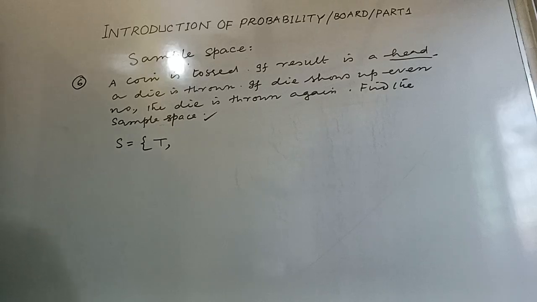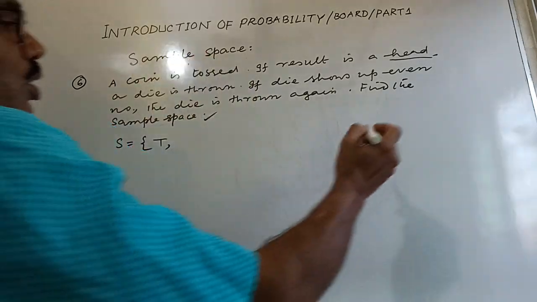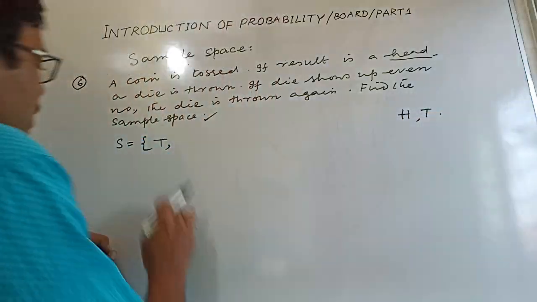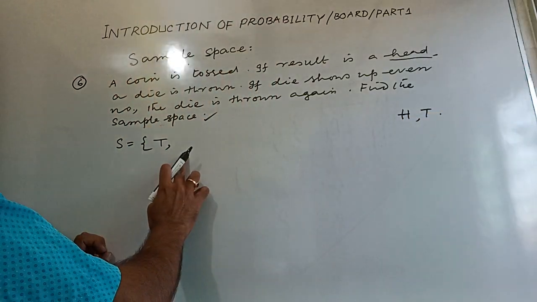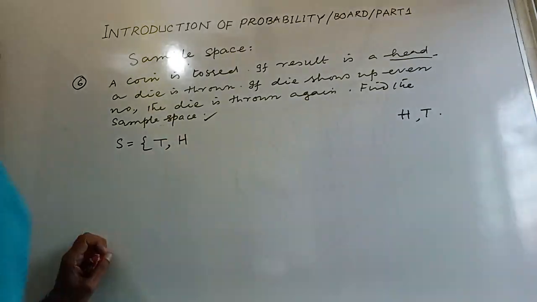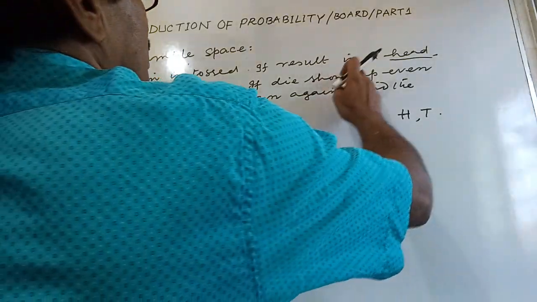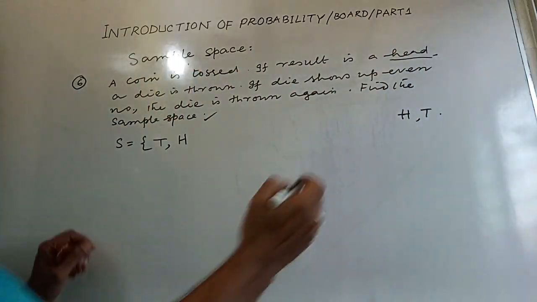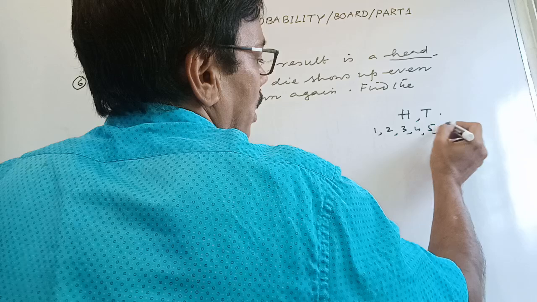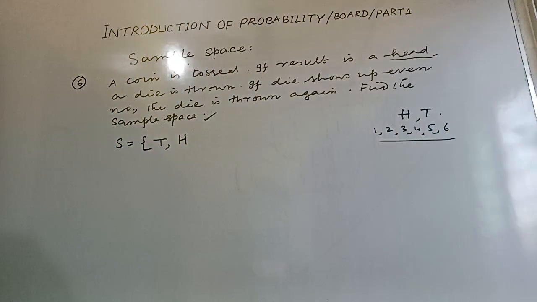Find the sample space. So first, a coin is tossed. You may get head or tail. If it is tail, then it stops. But if the result is head, then a die is thrown. What are the sample points for the die? 1, 2, 3, 4, 5, 6.